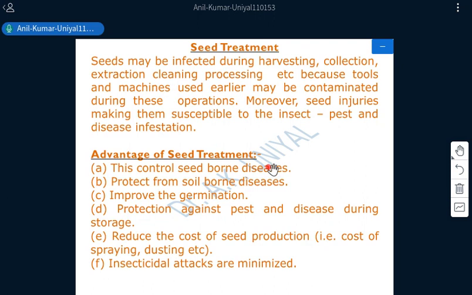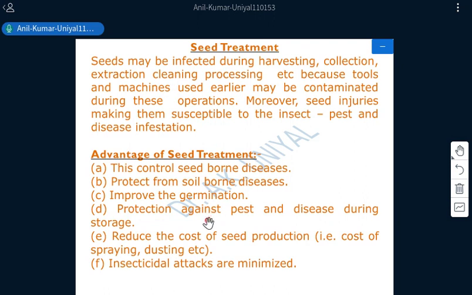So there are some advantages of seed treatment. Once we go for treatment, it will definitely control seed-borne diseases. It will protect the seed from soil-borne disease also. Seed treatment will definitely improve the germination of seeds.